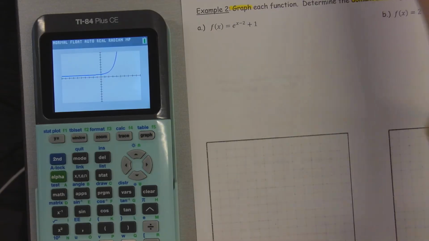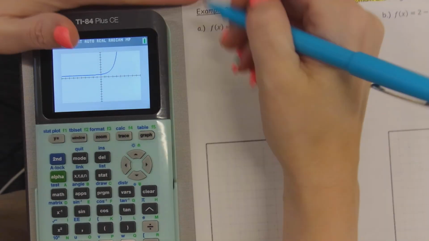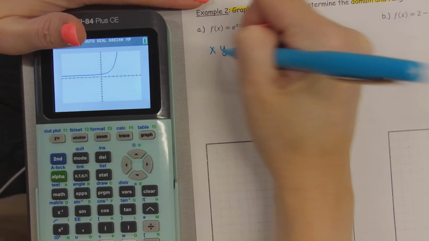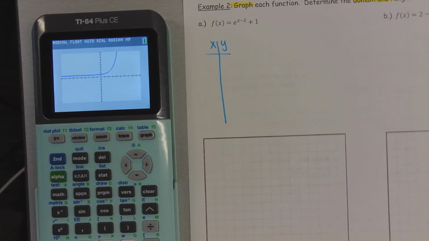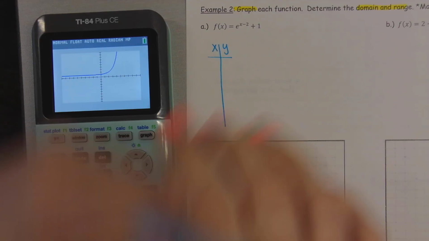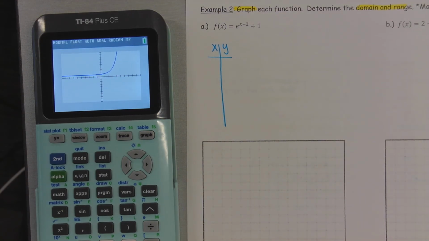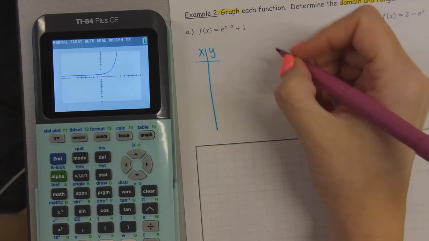All right, so then we're going to make a table. Now when you are making your table, I'm going to give you a little hint to find the center of your graph. To find the center, you just have to set the exponent equal to 0 and solve it.